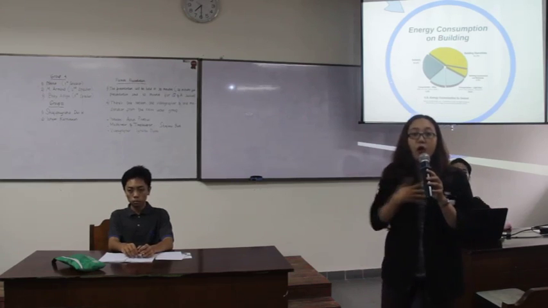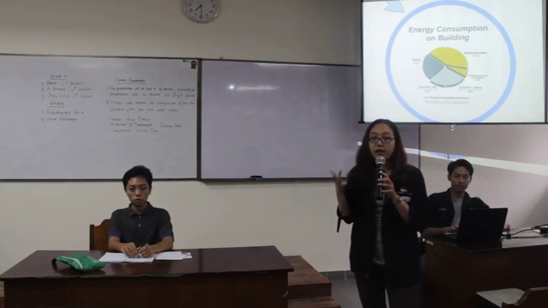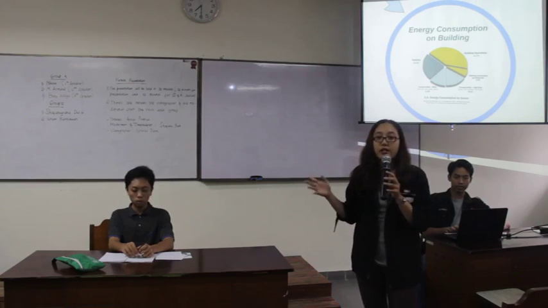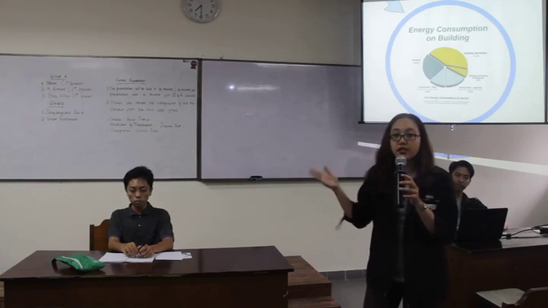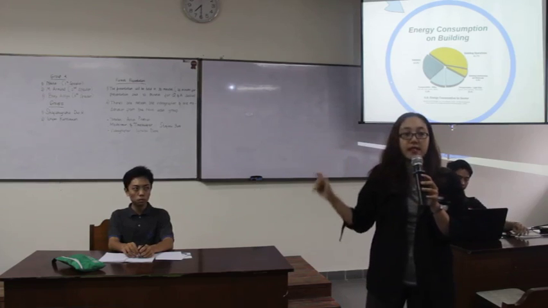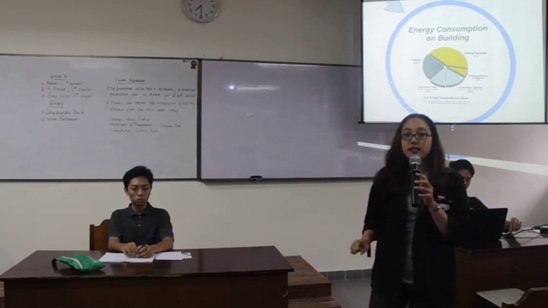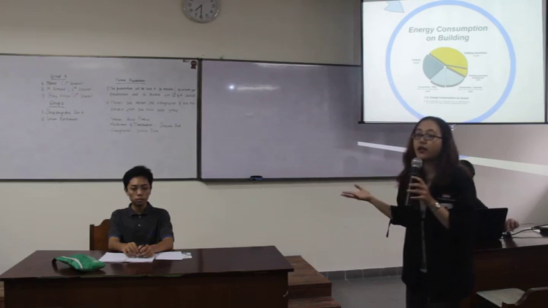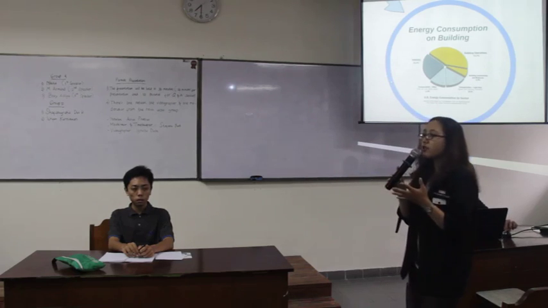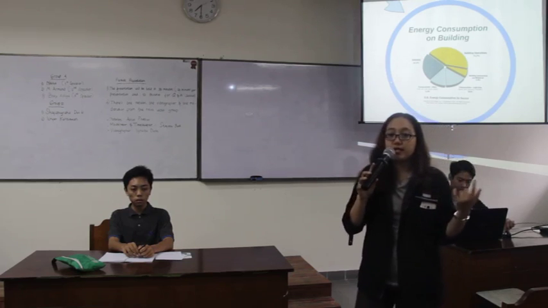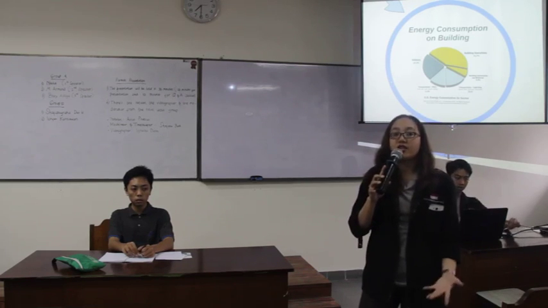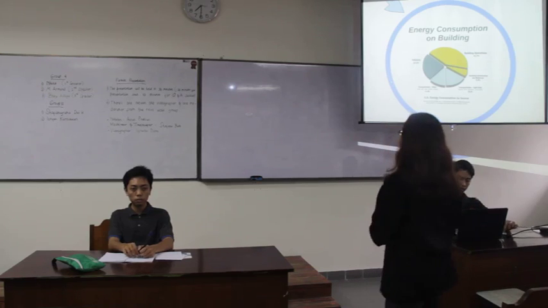So all of us in this room, in this world, have a responsibility to use technological advances to minimize energy use, which in this case is in the building sector. And one way to do that is to design natural heating, ventilation, and air conditioning, which we call the HVAC system, to reduce energy use and maximize energy efficiency in a building.